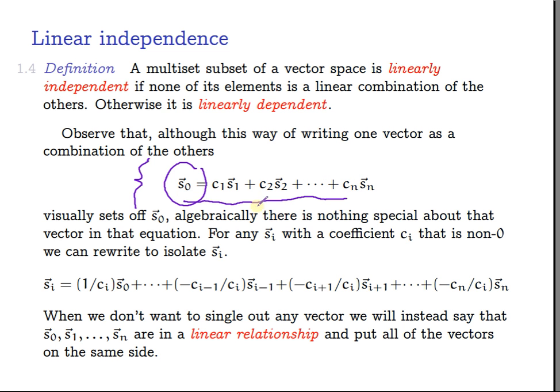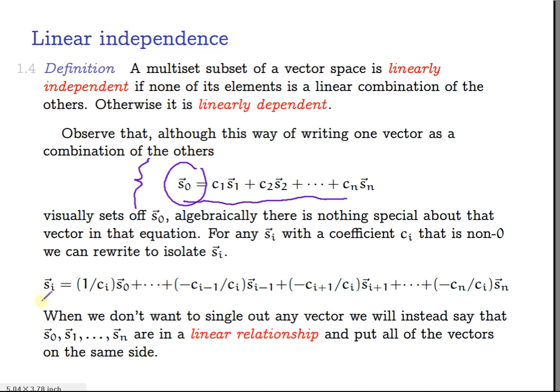But we can rearrange this equation in such a way to solve for S1 or S2 or Sn. So really, when we have an equation like this, we'd have to say that all of these S's are dependent on each other. Another way of saying it is that they're related, by a dependence relation.